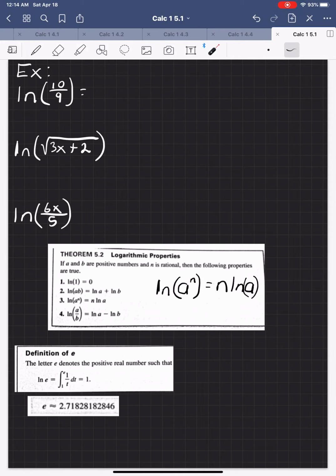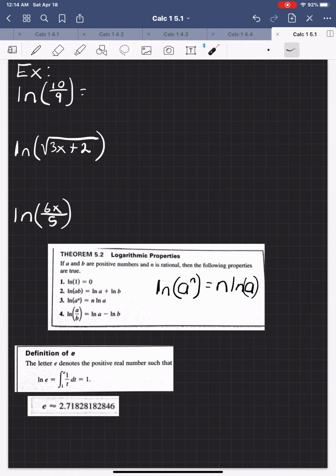And notice how it's very nice that the n can be brought out front, so that you can start to use some of your algebraic techniques. So now you could just divide by ln A if you were trying to solve for n.